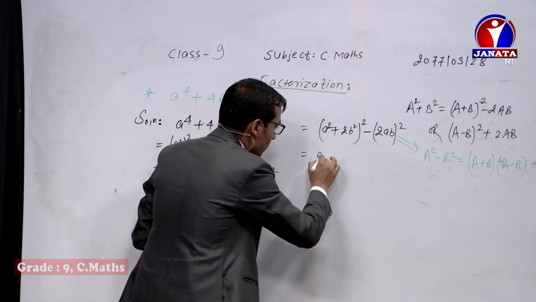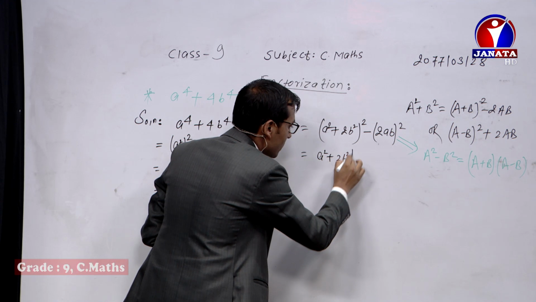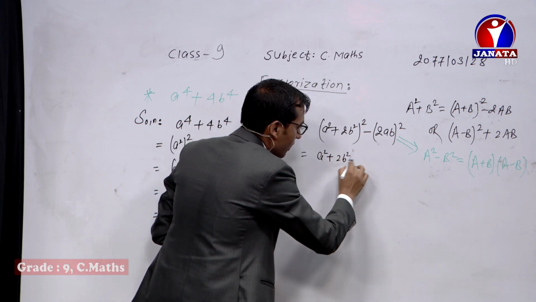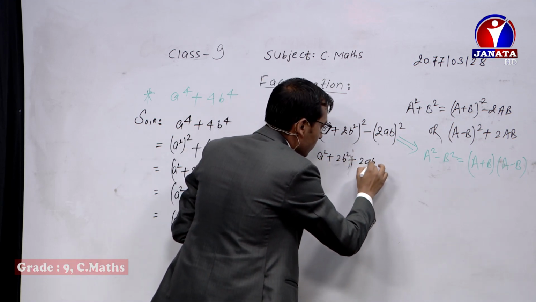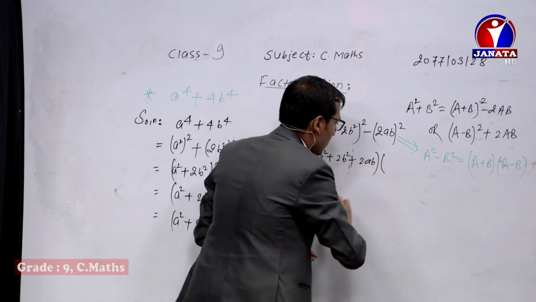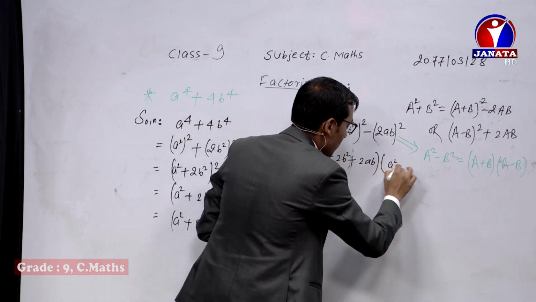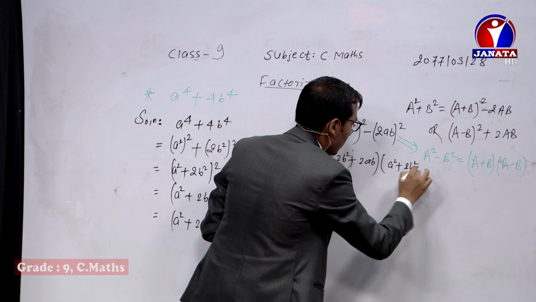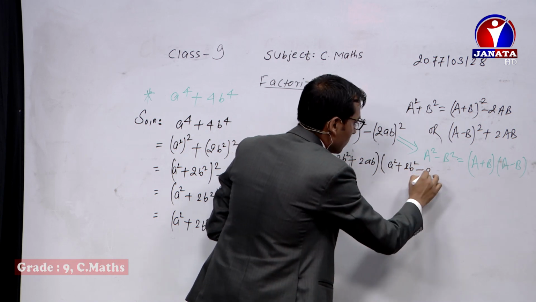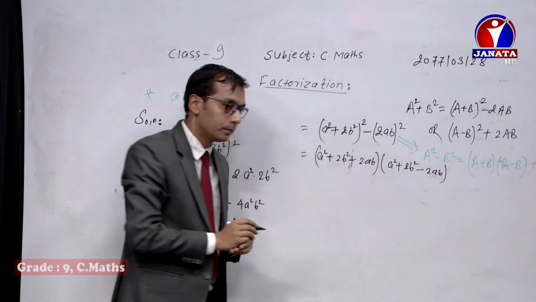(a plus b), a square plus twice b square, this is a plus b, which is plus 2ab, times (a minus b), a square plus twice b square minus 2ab.